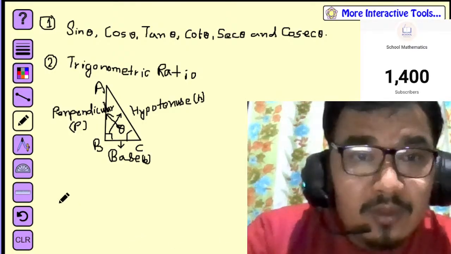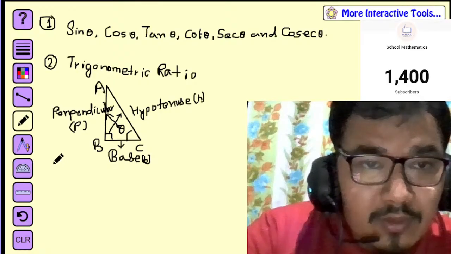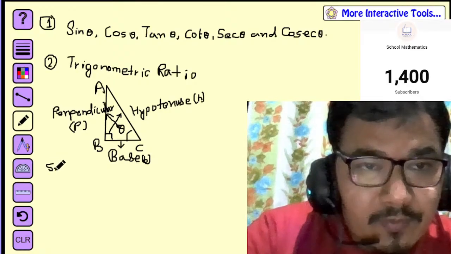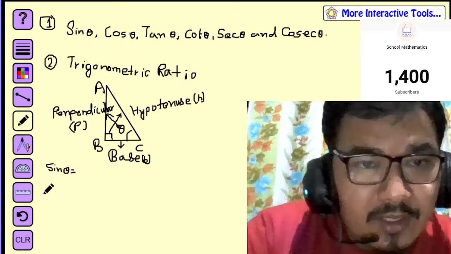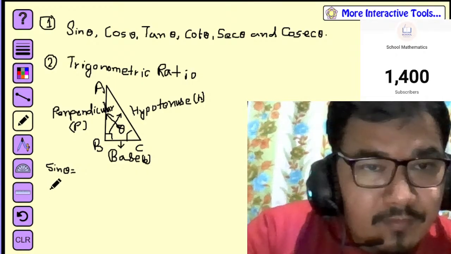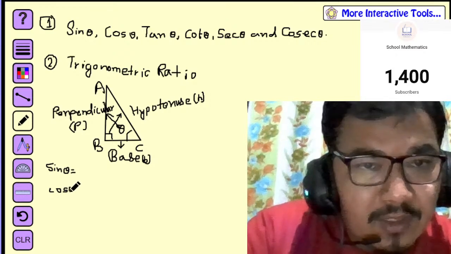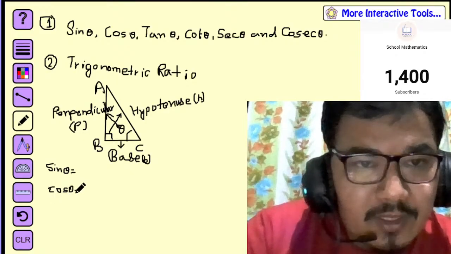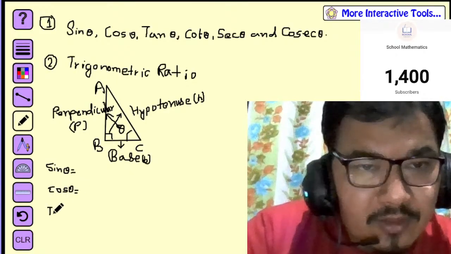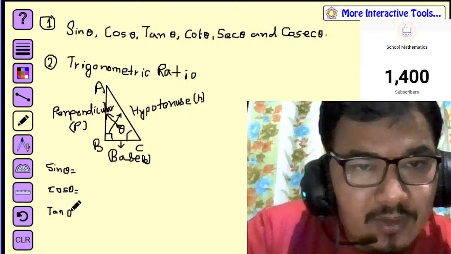First of all, write sine theta, the angle of reference. Then cos theta. Another one, tan theta. Write them in order: sine, then cos, then tan.